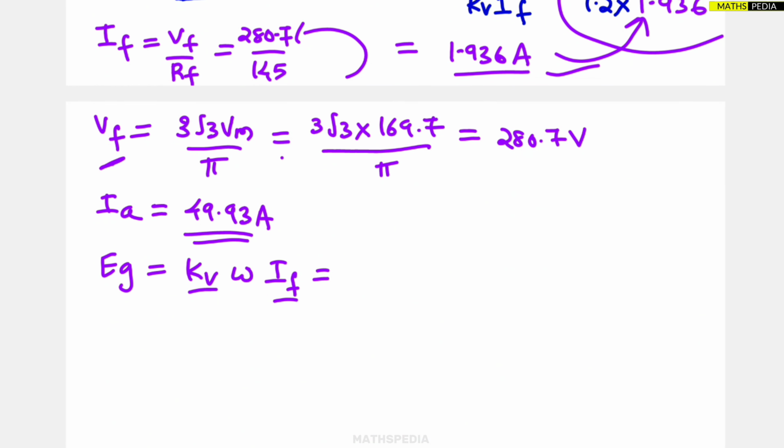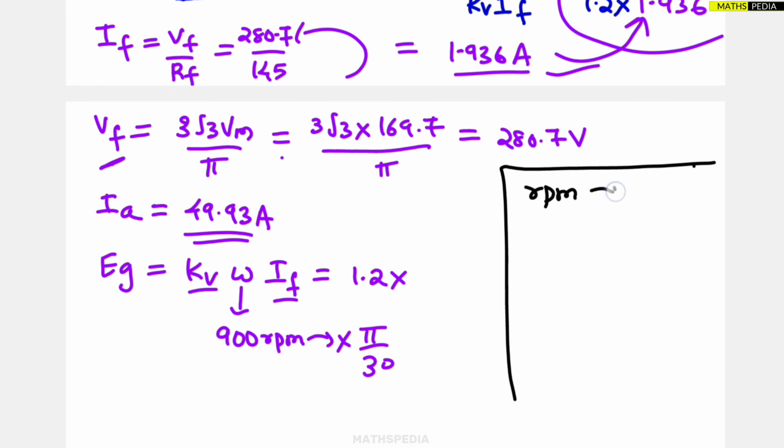But as we have understood, omega you cannot take directly in RPM. We have to convert into radian per second. So whatever the kV value is, 1.2 into omega, I am going to convert. 900 RPM we have to convert into radian per second, just multiply by pi by 30. We have discussed this many times, still I'll tell you here.